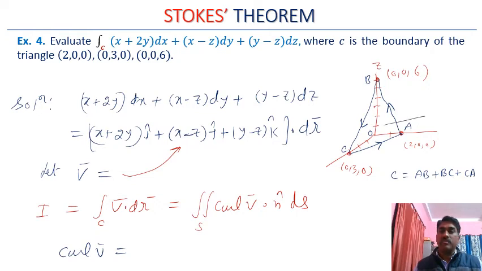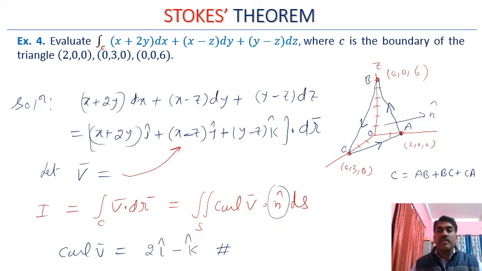So this is something of this type. The unit normal will be obtained from the equation of this surface. So let us first calculate curl v, and this is again homework, a practice question for you, and it is 2i minus k, and I hope you will calculate it. Now we need to find n cap.